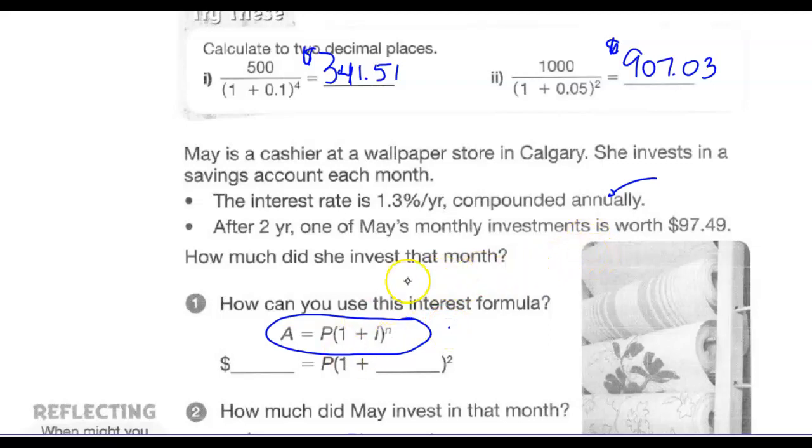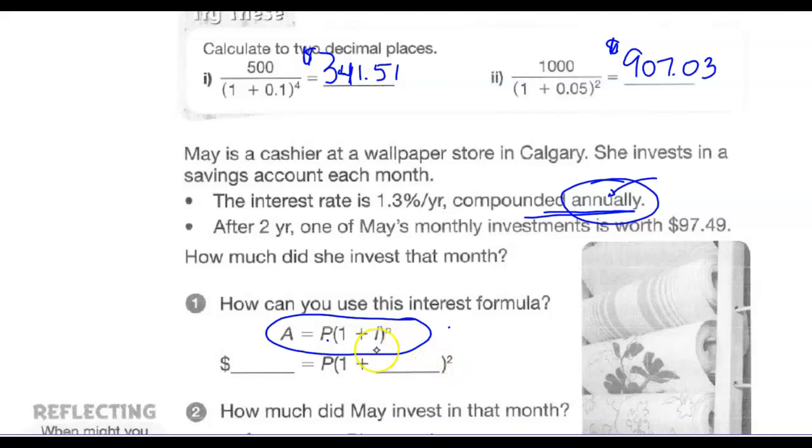So what this A value is, is the amount that you have at the end of the investment. P is the principal, the amount that you invest. I is the interest rate for each compounding period. So in this case, yearly, because it's compounded annually. And N is the number of times it compounds.